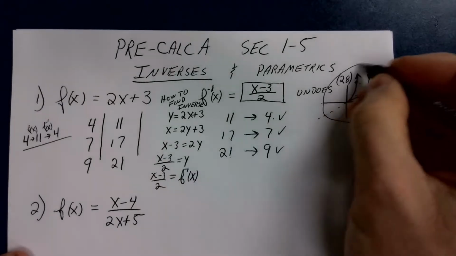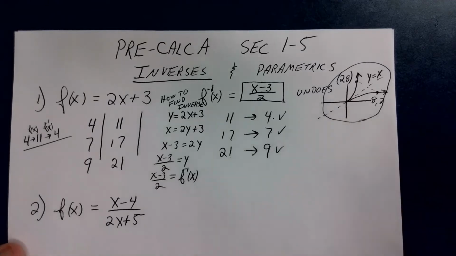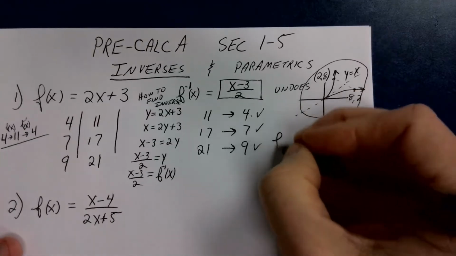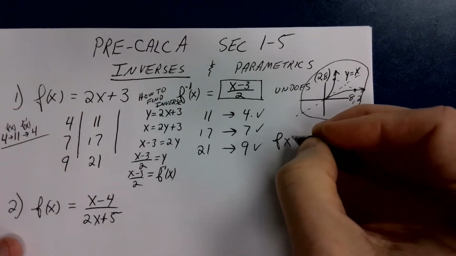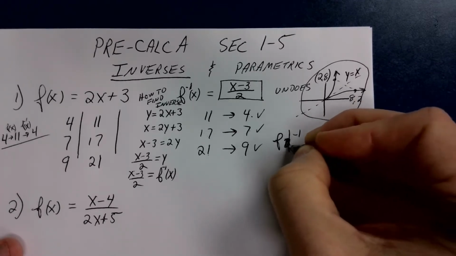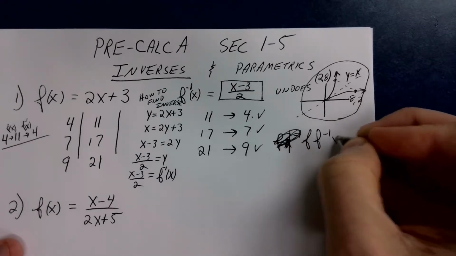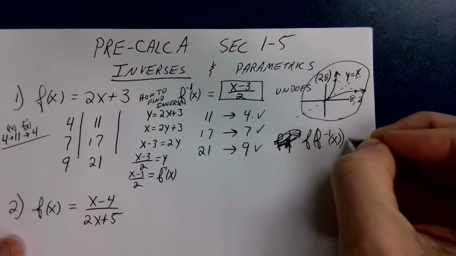The second way is to show that it's a reflection. And the third way, this is the one that guarantees it, is to show that f of f inverse of x equals x.